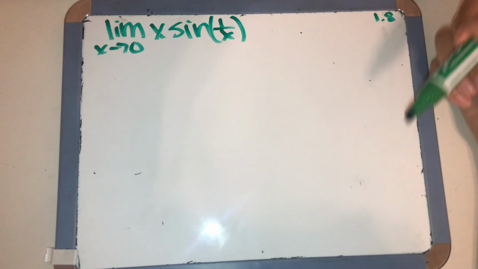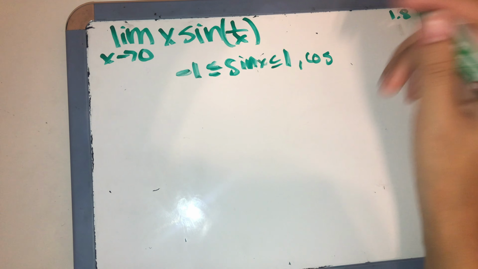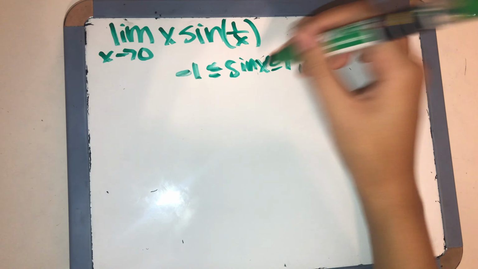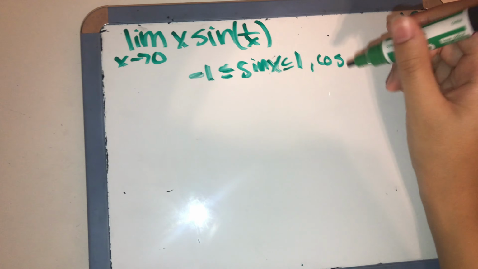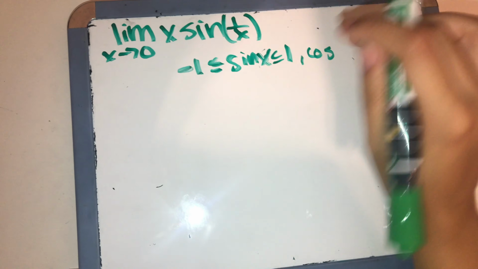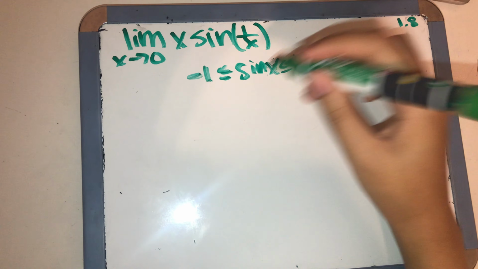Same goes with cosine, and same goes with sine if it's 1 over x, or anything that includes x, like x squared, 1 over x squared, whatever. So it's the same for cosine x or sine x.